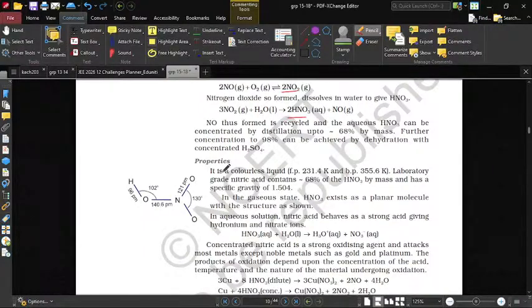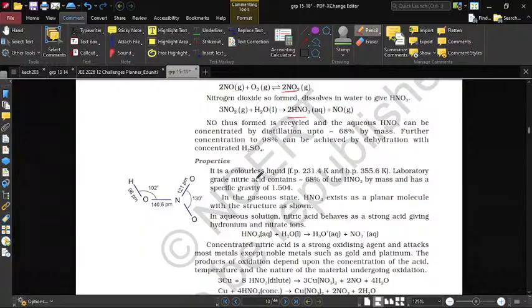Properties. It is a colorless liquid and boiling point of 355.6 Kelvin. Laboratory grade nitric acid contains 68% of HNO3 by mass and has a specific gravity of 1.54.